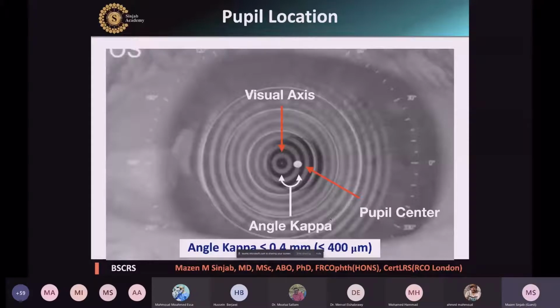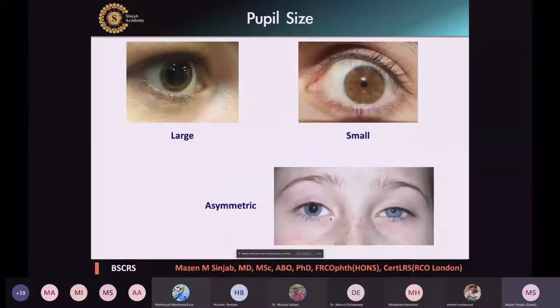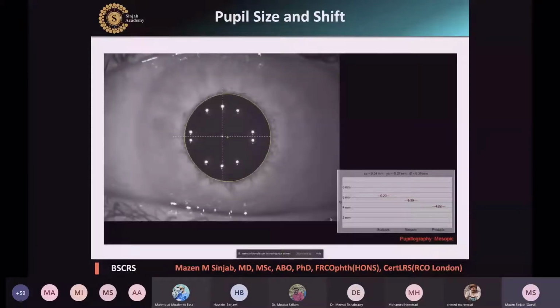If the pupil is shifted as well, there is a risk of dysphotopsia if we are planning premium IOLs. If the pupil size is very small or very large, it may be a contraindication or an asymmetric contraindication for refractive surgery.